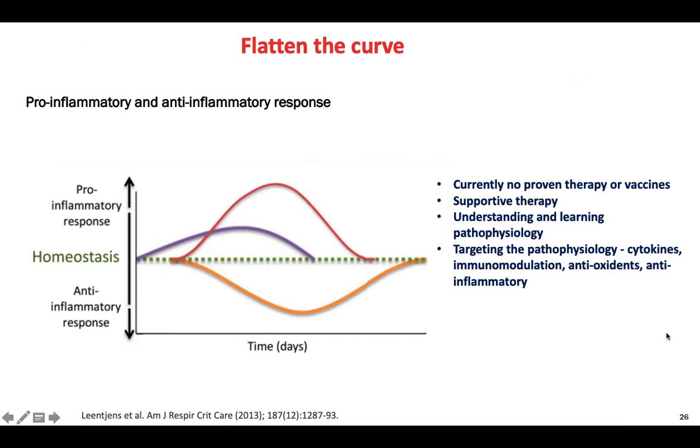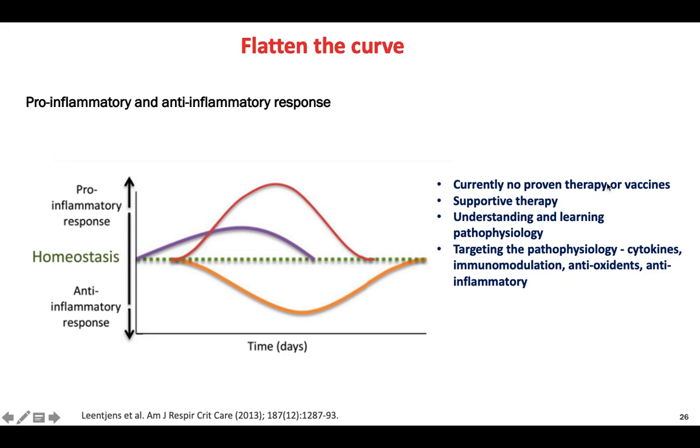When it comes to what to understand, it is a struggle between pro-inflammatory and anti-inflammatory cytokines and the host response to COVID-19. If we do not support them with the basic pathophysiology, we are not able to maintain homeostasis and not able to flatten the curve, which may move more towards a pro-inflammatory response.